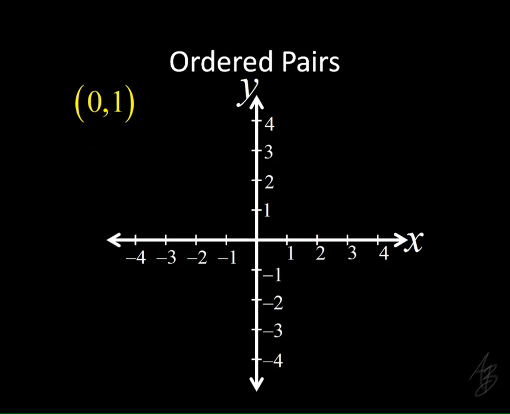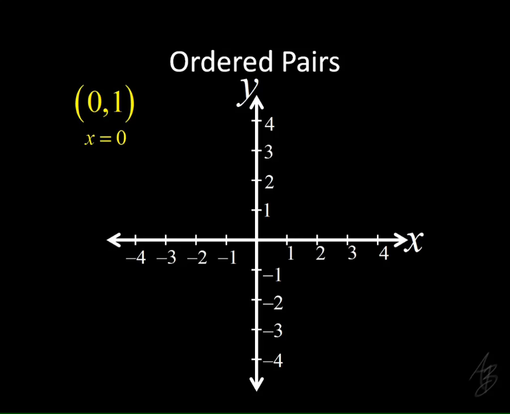Okay, the last one. This is a little bit trickier actually with the 0 in there. What does x equal in this problem? 0. x equals 0. So where is that going to be? Where does x equal 0? Well, in the middle. So is it just right here, right in the middle, and that's it? No. Is it going to be along this way? It's going to be on the line. Which line?